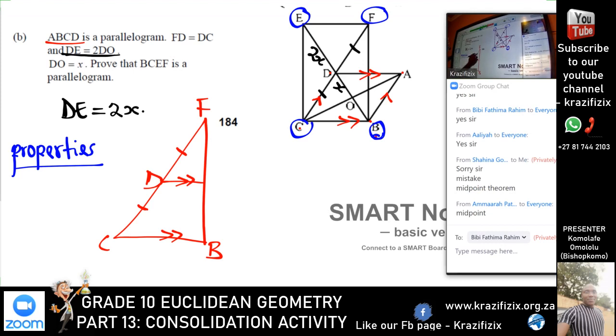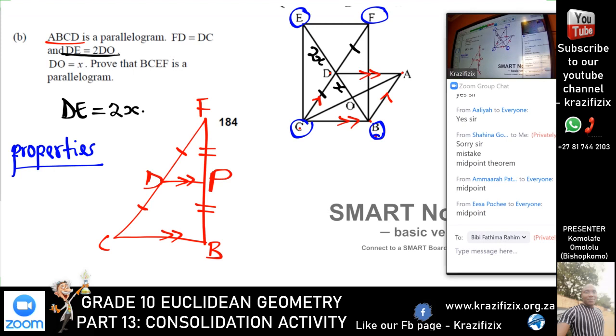Can I then say that FB should be equal to... Oh, no, we don't know this. Let's create a point here. Let's call it P. You are allowed to do that. Okay. Point P. Alright, my board is now doing some nonsense.